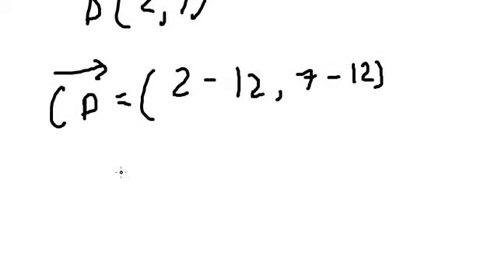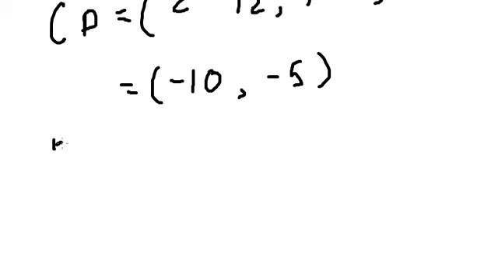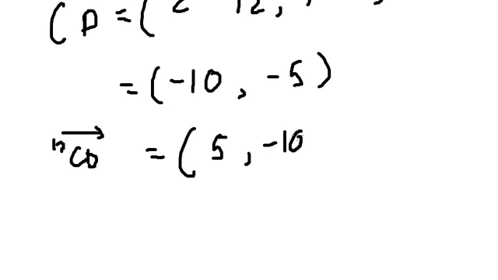So we calculate this one, and we have negative 10, and we have negative 5. So we need to find the normal vector of CD in here, and this one that's 5, negative 10.